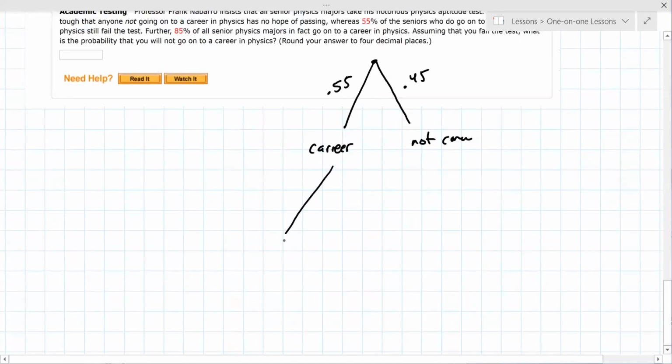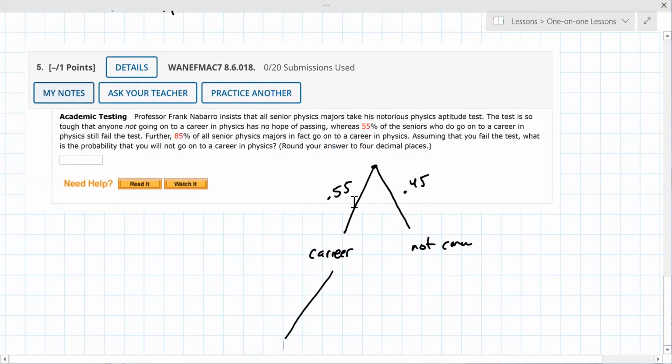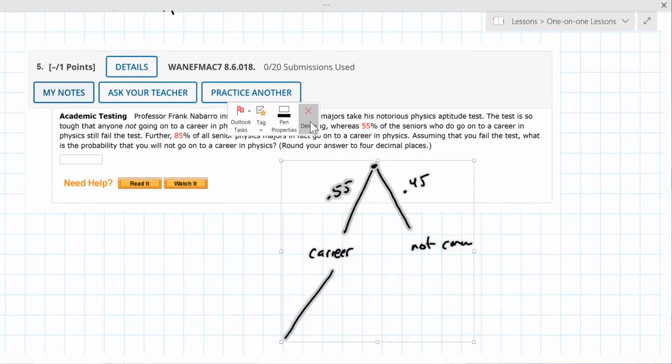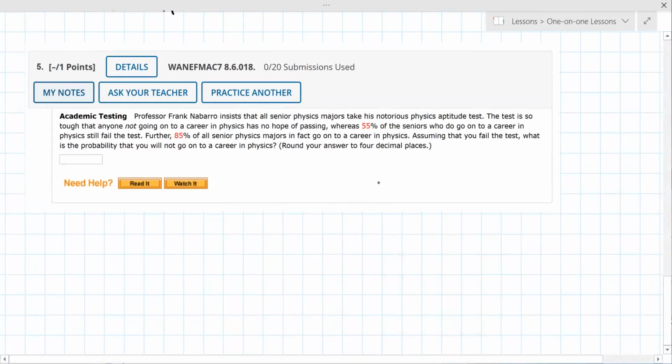So physics majors, that doesn't seem right. Okay, let me just delete that and see if we start. So we have this test, and the probability of passing the test. Fail the test. Okay, you go under career physics.